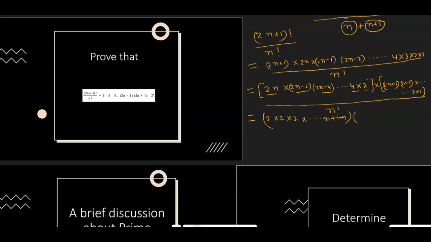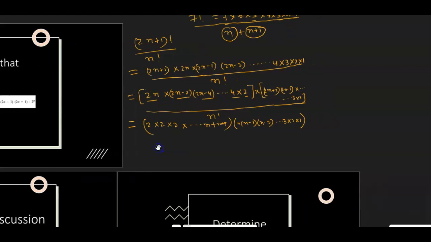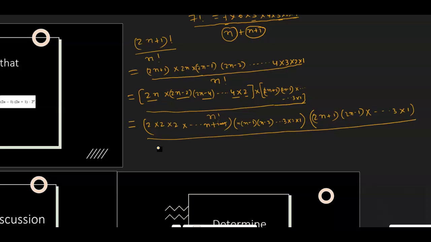This is multiplied by n, n minus 1, n minus 2, down to 3, 2, 1 as before, and these odd terms remain unchanged: 2n plus 1, 2n minus 1, down to 3, 1. This is divided by factorial n.